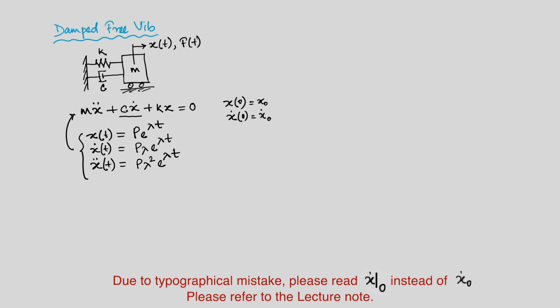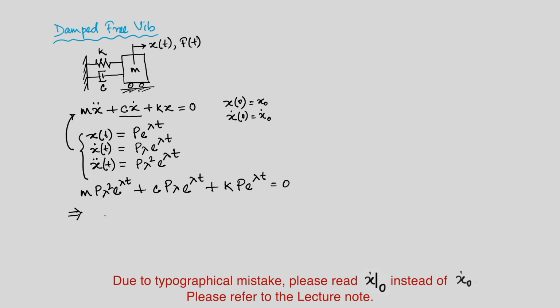So if we do that, what we get is m p lambda square e to the power lambda t in place of x double dot, plus c times p lambda e to the power lambda t, plus k times p e to the power lambda t, which is equal to 0. Then we can further simplify this expression.